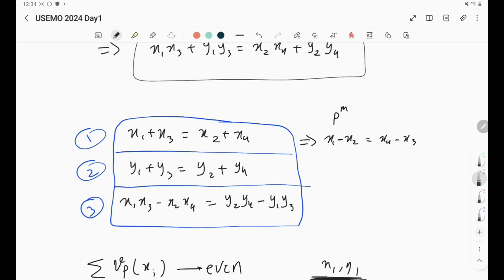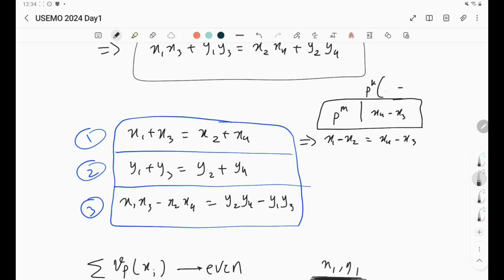So p to the m divides x4 minus x3. You can say that much. Now x4 itself and x3 itself, it's not p to the m, it's p to the something, right? So these guys are going to give us p to the something, and this is p to the something. And we can take p to the what? P to the minimum, right? The GCD of that. So it's going to give us p to the, let's say, k.